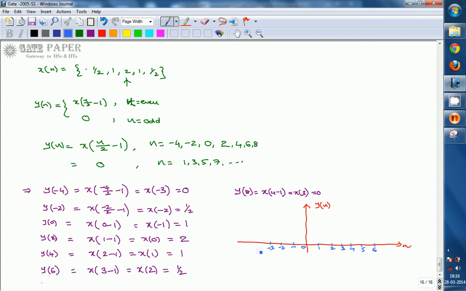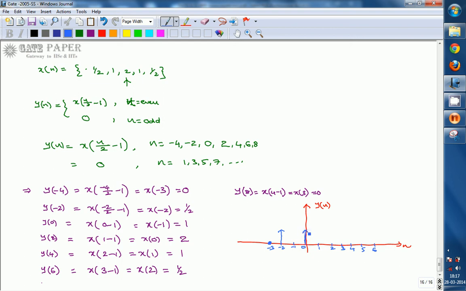So at -3 the value is 0, and at -2 we have the sample value 1 by 2, and at the 0th position we have the sample value 1.